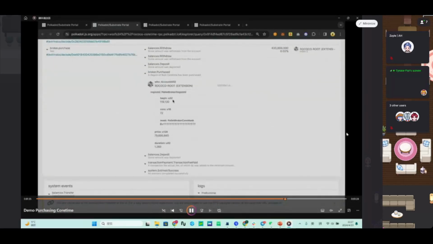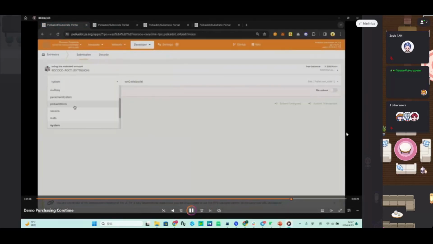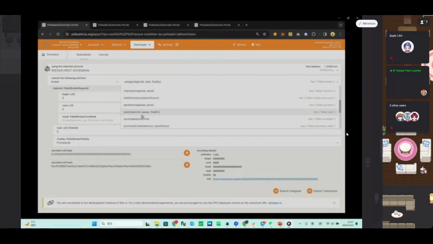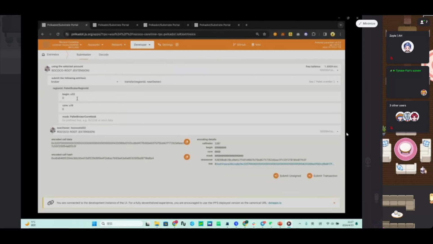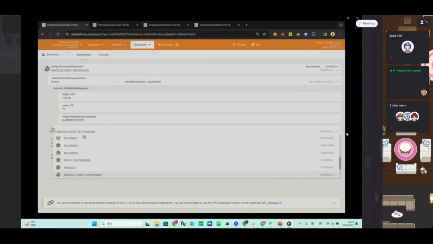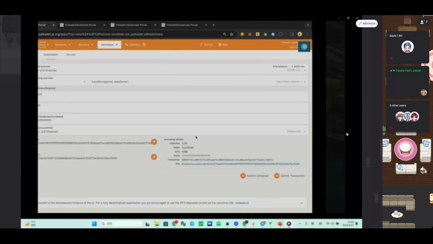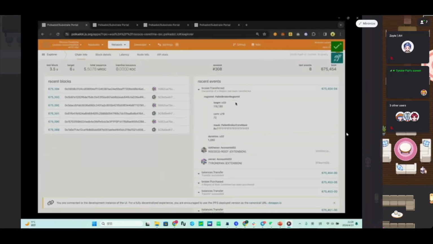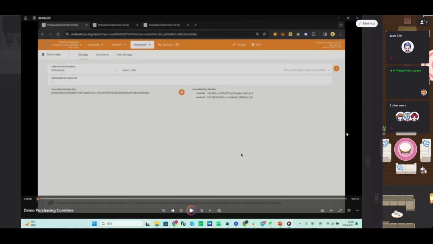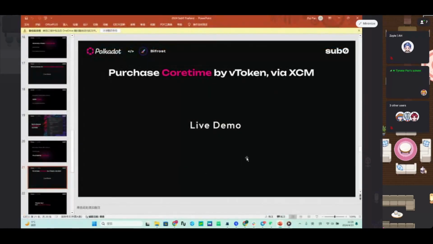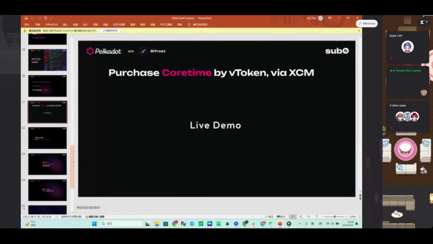And then let's try to maybe transfer this Coretime to another address. All right, the Coretime has been transferred. Okay, so that's the demonstration about purchasing Coretime by using VDOT.